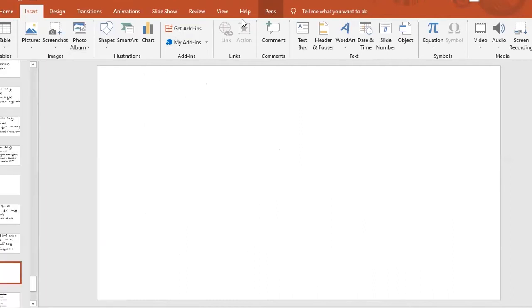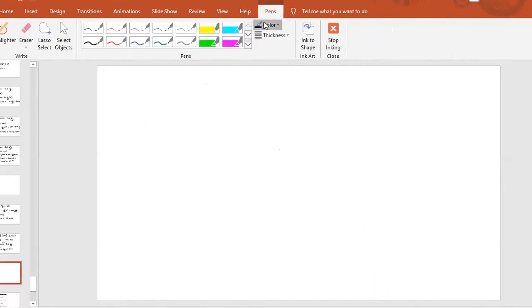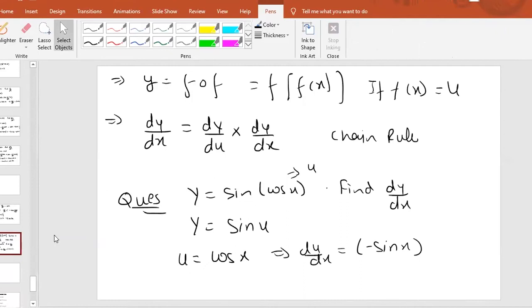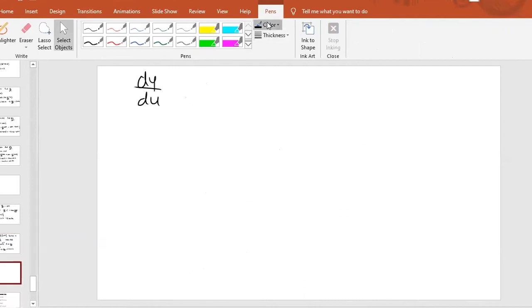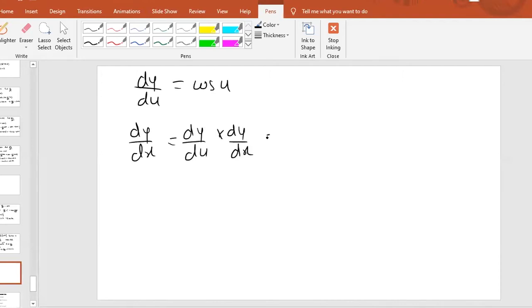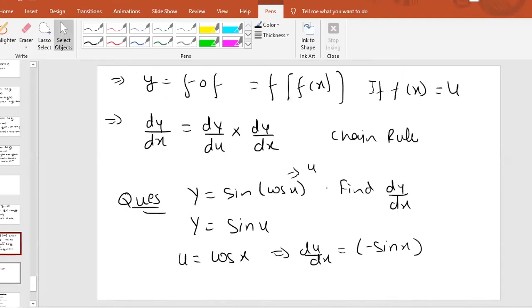And what is the value of dy by du? Since y is sin u, dy by du is cos u. So dy by dx must be equal to dy by du into du by dx. dy by du is cos u, du by dx is minus sin x.